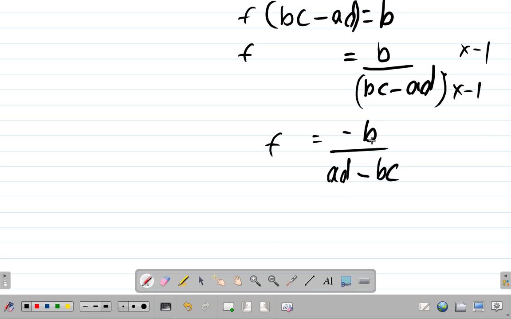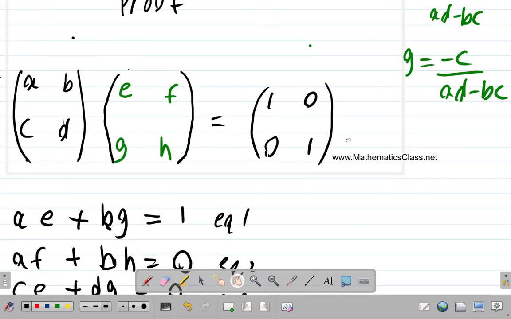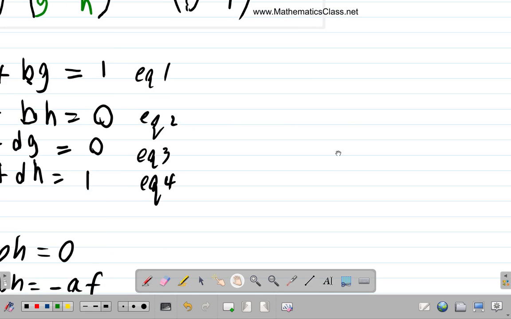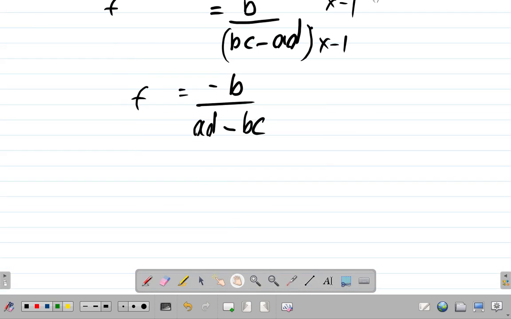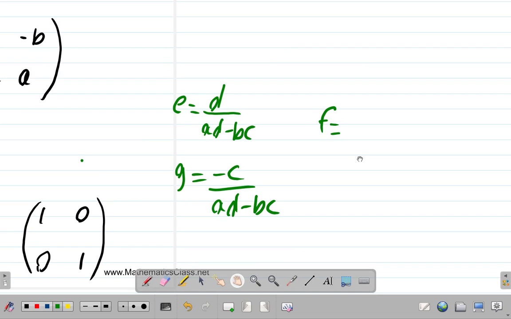So F is negative B divided by that. So let's write F down here. F is equal to, what was it again? Negative B. So F is negative B divided by AD minus BC.